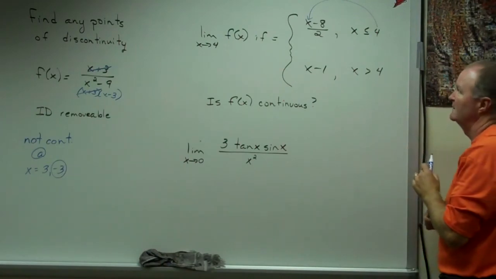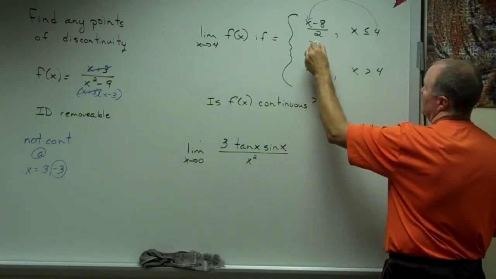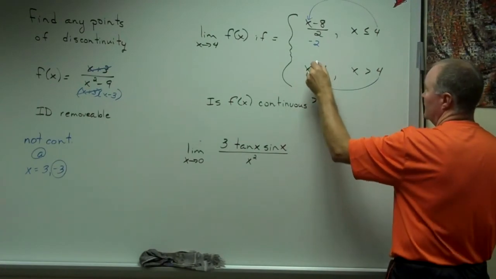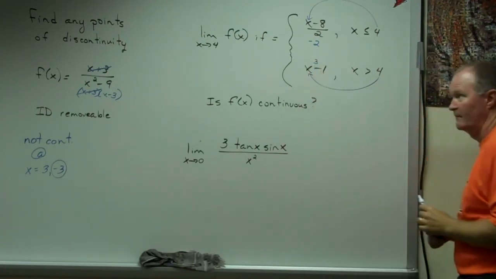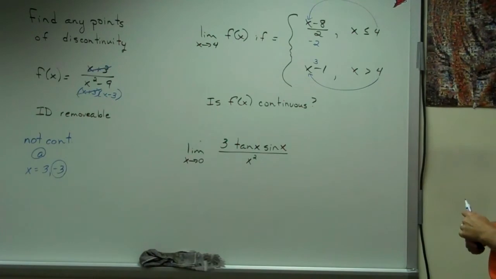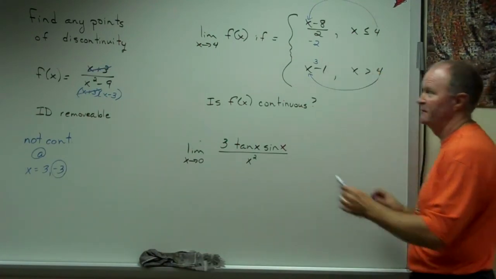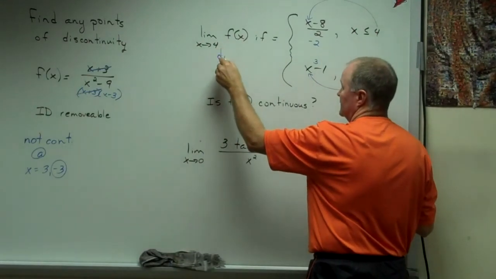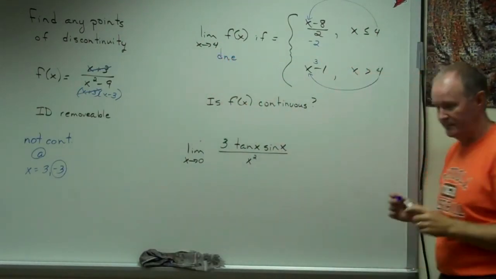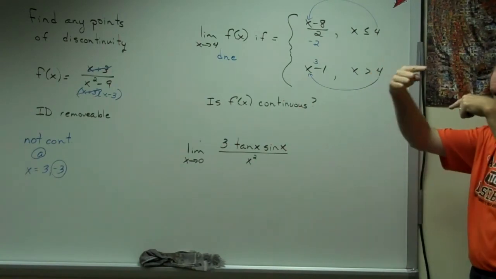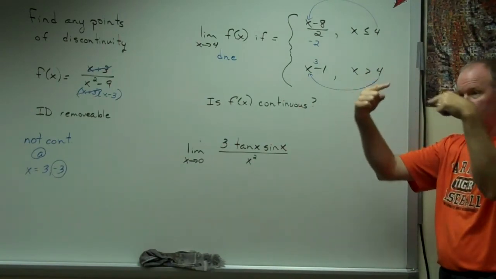What do I get? -2. Then I'm going to take the 4 and plug it in here and I get 3. So the limit as x approaches 4, stays continuous at 4. Well, the limit question first, it does not exist. So those have to equal each other, right? Yep, left side, right side, doing your fingers, that's all you're really doing.